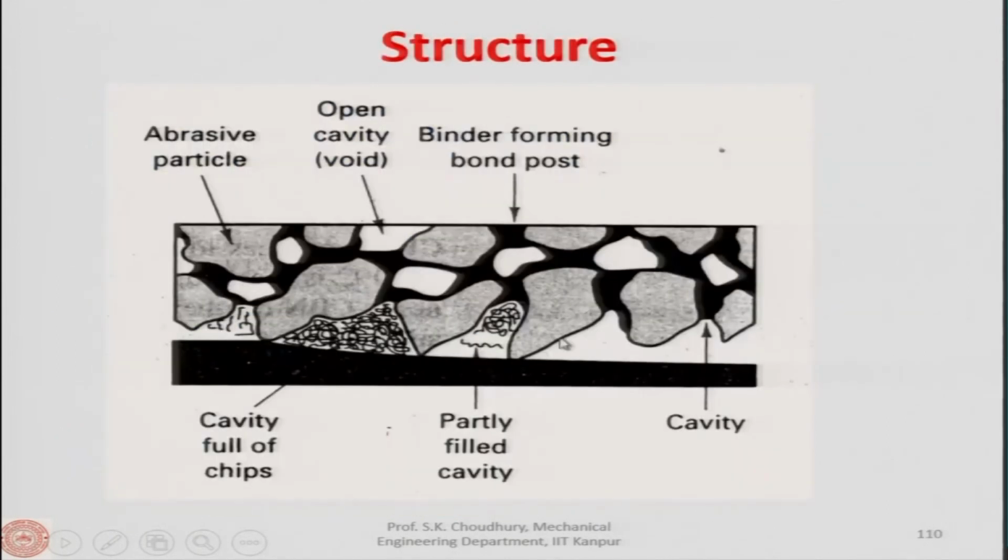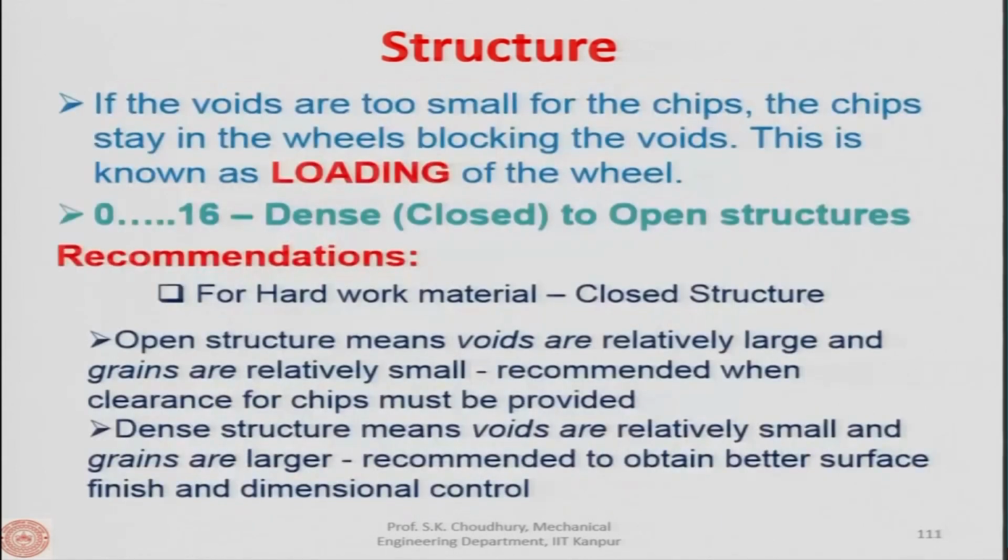The sharp grains will not be able to contact the workpiece, and the chips trapped inside these voids will rub and consume more power. So, if the voids are too small, the chips stay in the wheel blocking the voids, and this is known as the loading of the wheel. So, wheel loading is also not desirable, like wheel glazing.